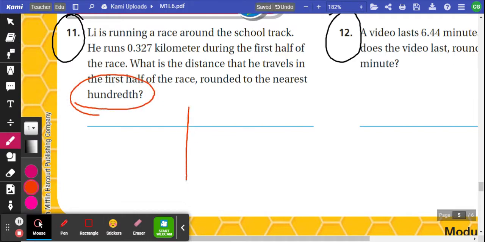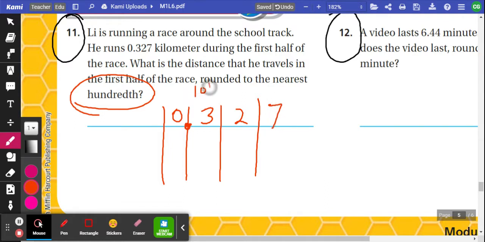I'm going to make a chart really quickly. Put my decimal point here. So this is going to be 0, and this is the 3, 2, and 7. This is my tenths, hundredths, and thousandths. And I'm trying to save time.